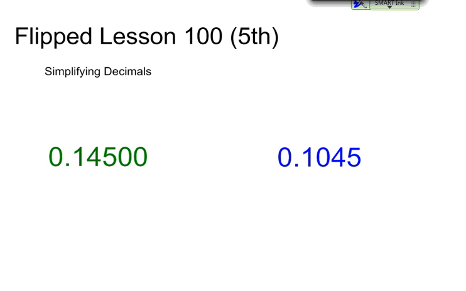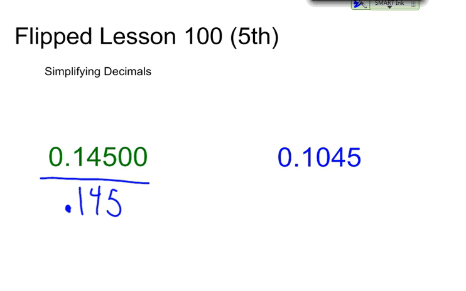0.14500. As you look at this number, which of the different digits do we need to understand it? Well, we definitely need the decimal point, and the 1 holds a value, the 4 holds a value, and the 5 holds a value, so we'll definitely need those. But what about all these zeros?